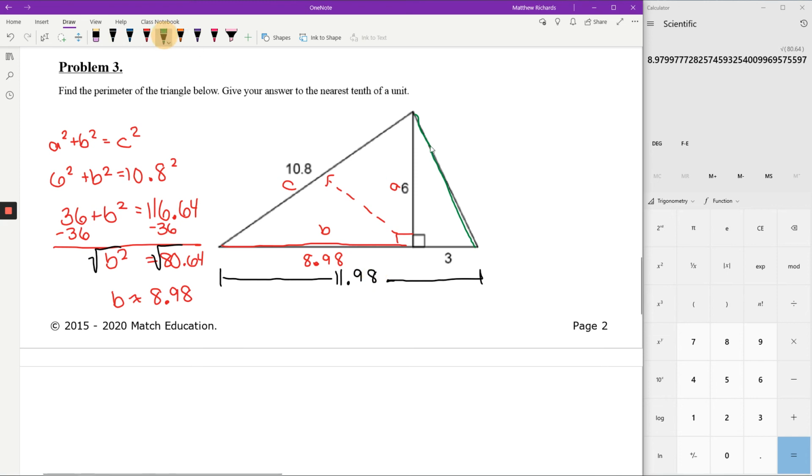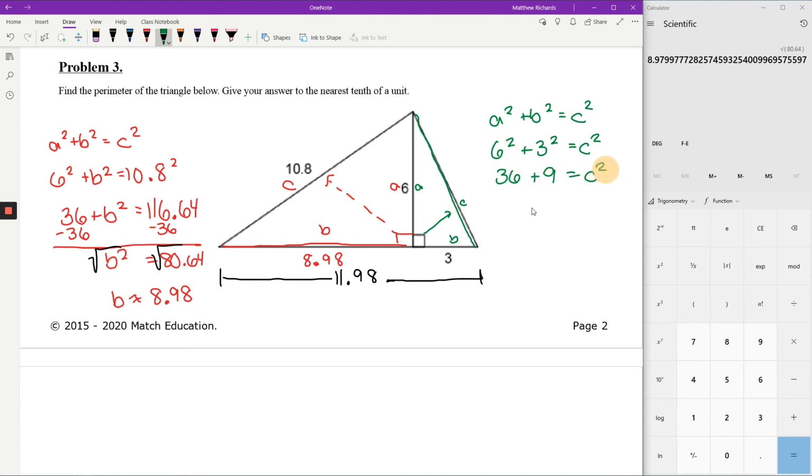And so now we need to find this green side. Well, we'll stick with A and B, and the opposite side of the right angle is going to be our hypotenuse, C. So once again, A squared plus B squared is going to equal C squared. 6 squared plus 3 squared equals C squared. 6 squared is 36. 3 squared is 9.